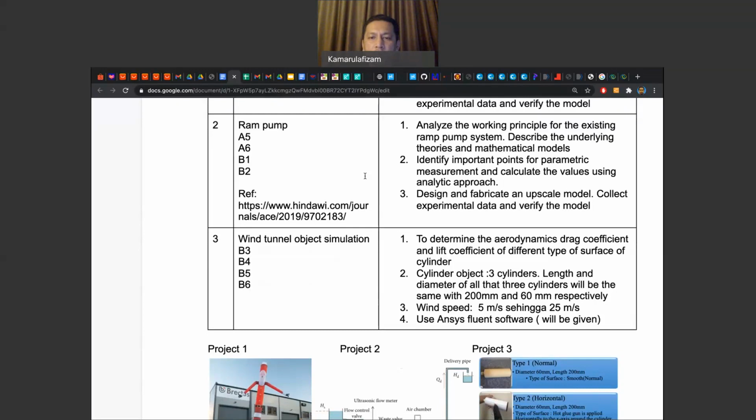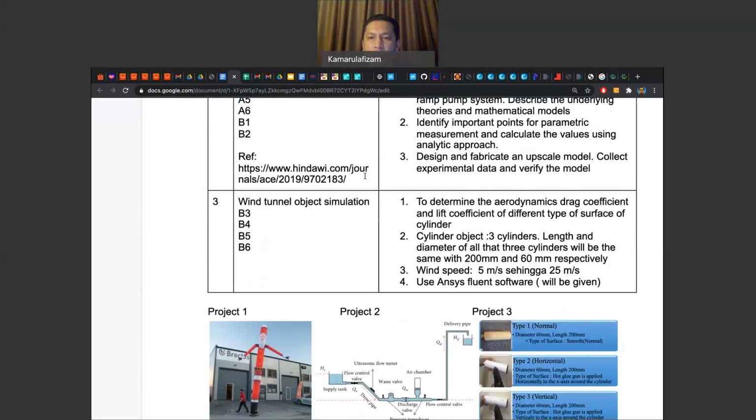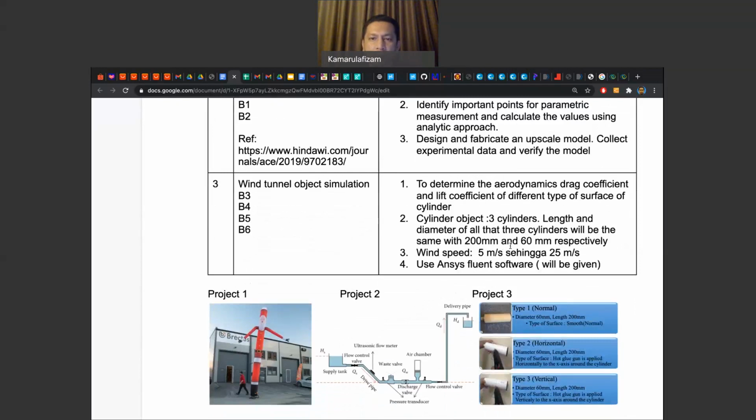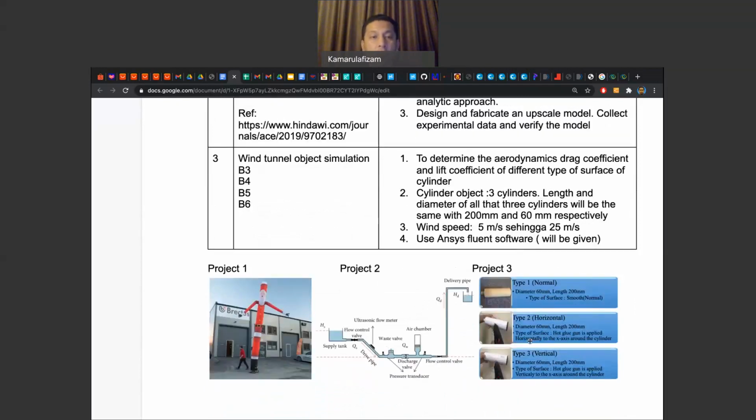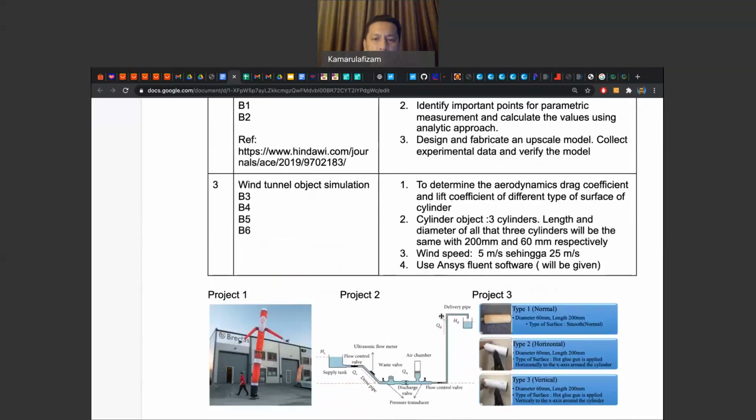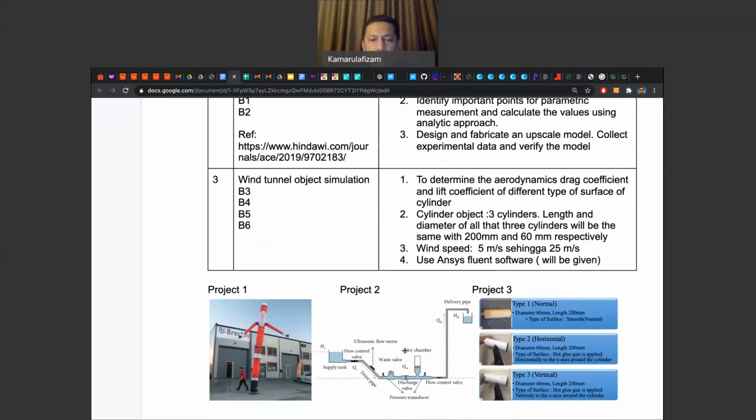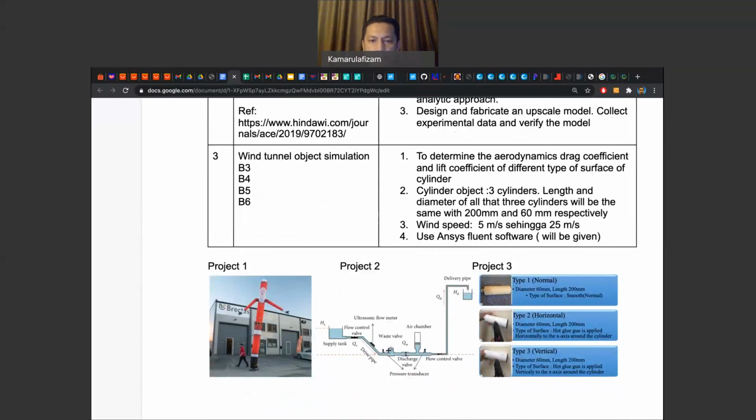The length and diameter of the 3 cylinders are 200 mm and 60 mm. For project 2, this is more or less the diagram of the ram pump. You will have the supply tank, the waste valve, the air chamber, and this is basically the QD and the HD that the ram pump is able to deliver.